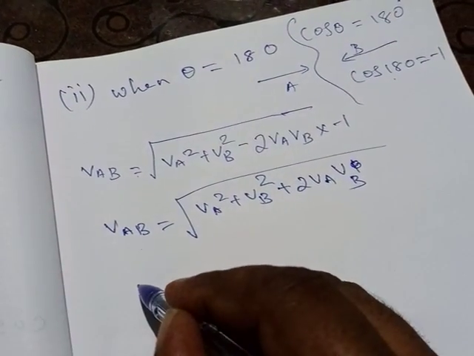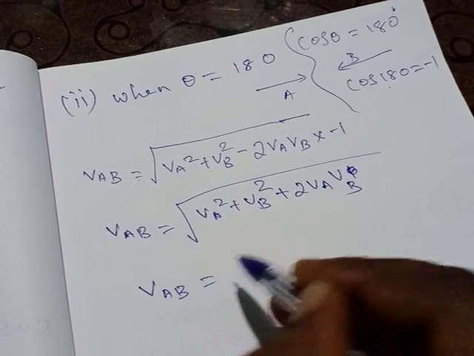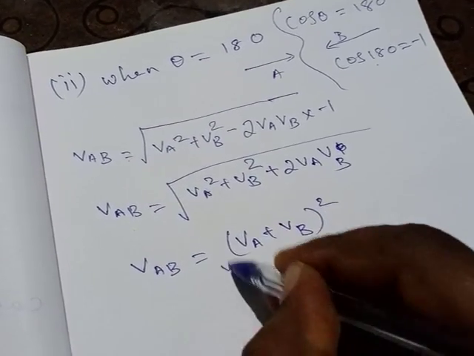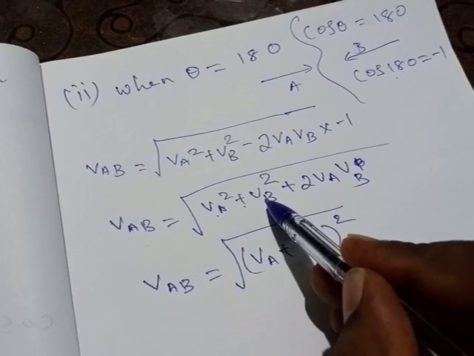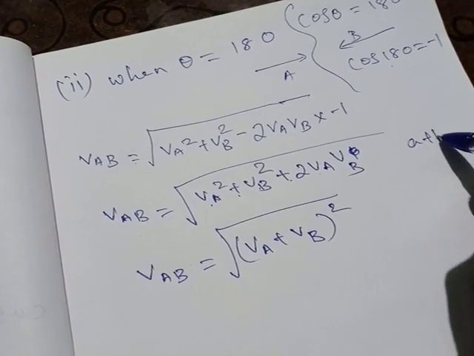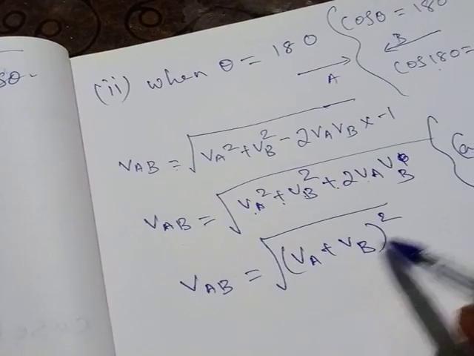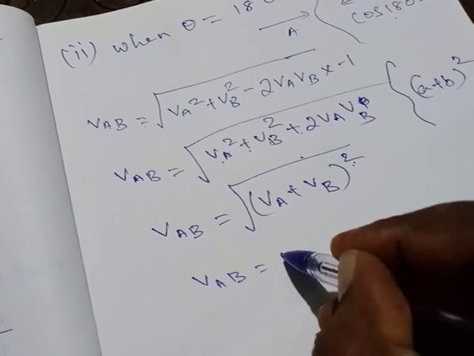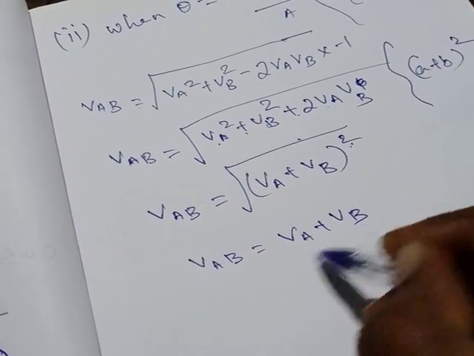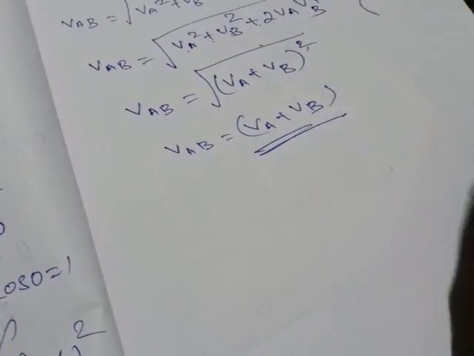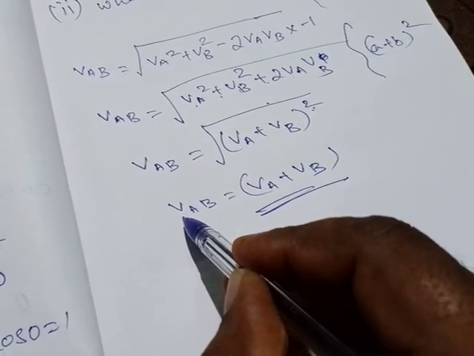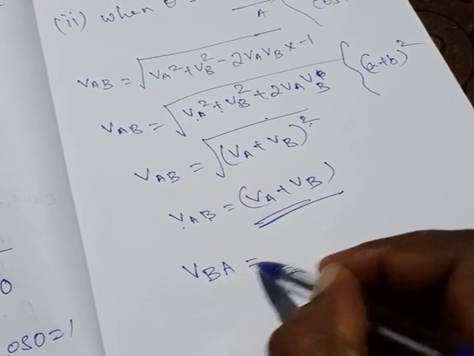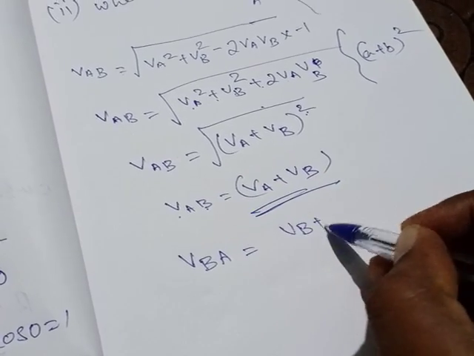So we can write VAB is equal to the root of VA plus VB the whole square, since A square plus B square plus 2AB is A plus B the whole square. Now the square root and the square cancel, so VAB is equal to VA plus VB. This is the relative velocity of object A with respect to B. The relative velocity of object B with respect to A will be VB plus VA.